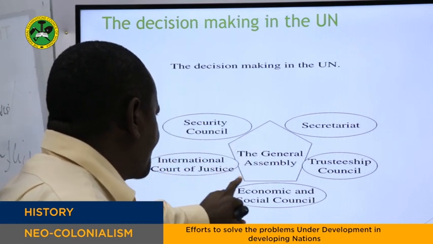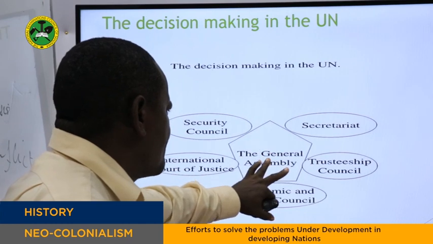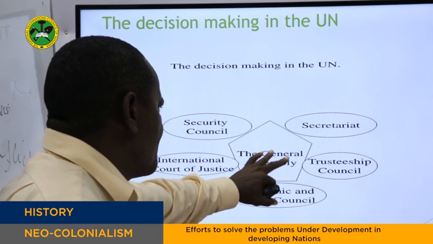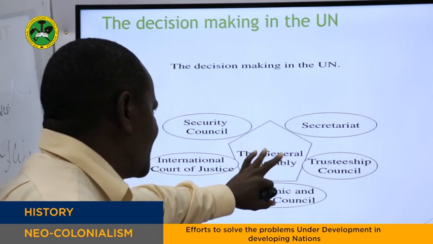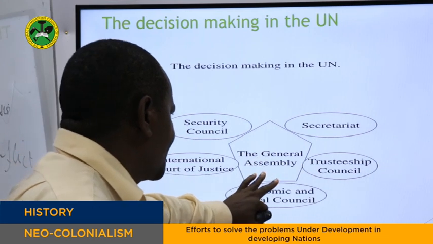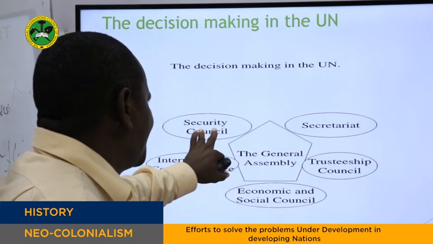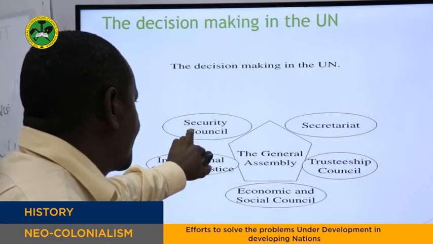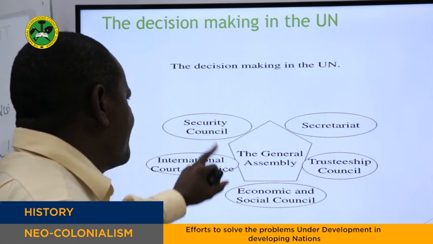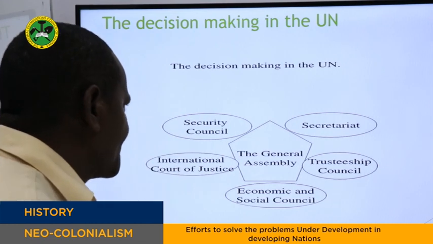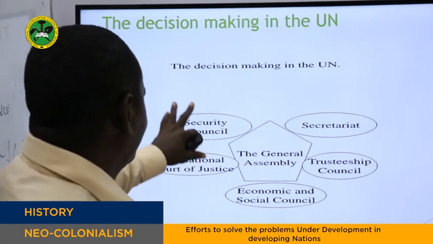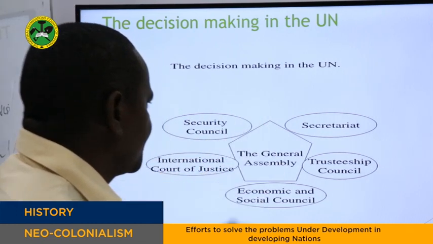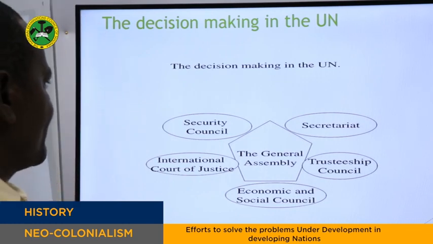Here we have the General Assembly, where all member countries of the UN enter into making decisions. But their decision is not binding until it is passed by the Security Council. And here there are 15 members. Out of these 15 members, 5 are permanent, and those 5 have got the veto power. So the non-aligned movement wants to change this kind of situation to make it better.